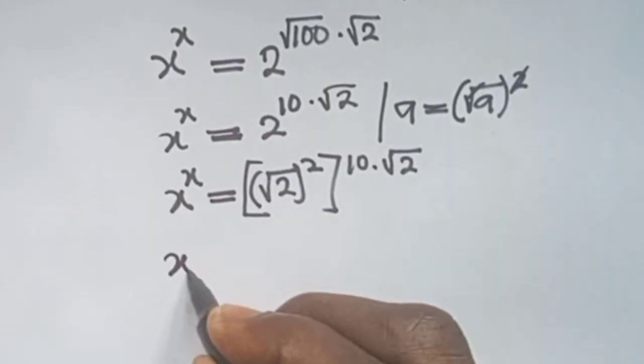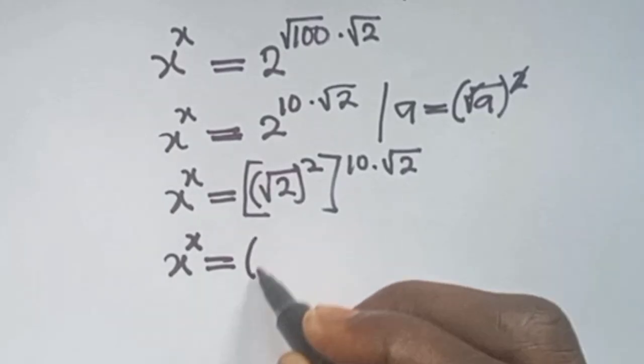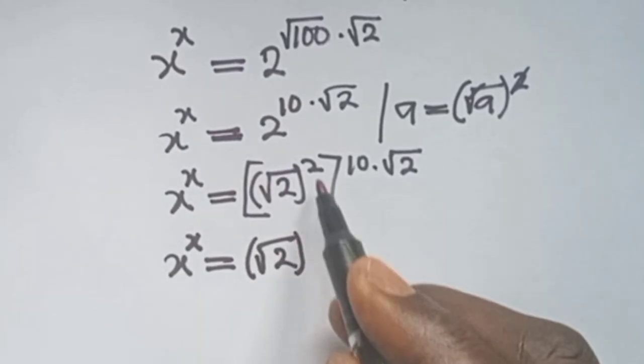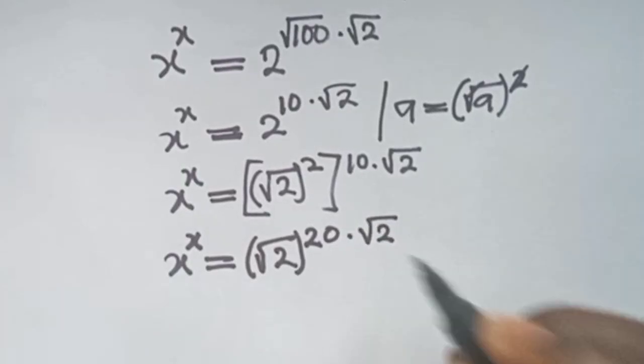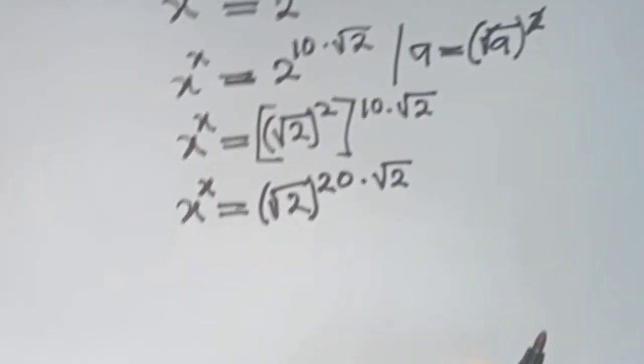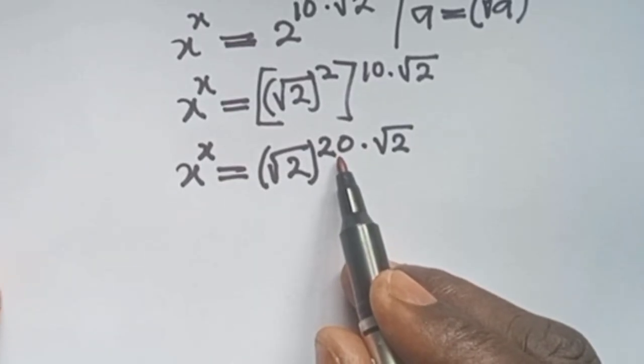Here, x to the power of x can therefore be written as square root of 2 to the power of 2 times 10, to the power of 10 times square root of 2, which is 20 times square root of 2. And 20 can be split into 5 times 4.